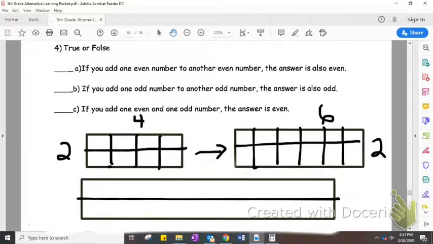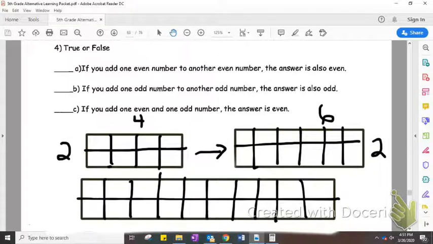It would be 10 by 2. Do you see how every number, or each square, has a friend? They're paired together. 2 times 10 is 20. 20 is also even.